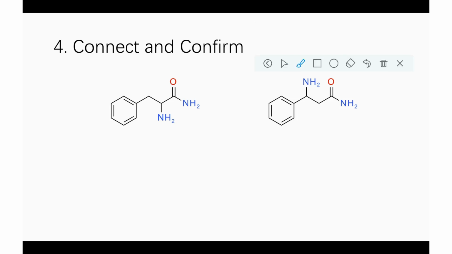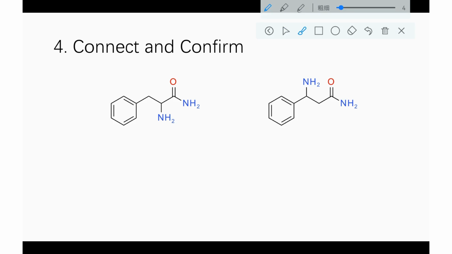So for structure 1, the peak at 91 is probably due to the rearrangement, the McLafferty rearrangement.